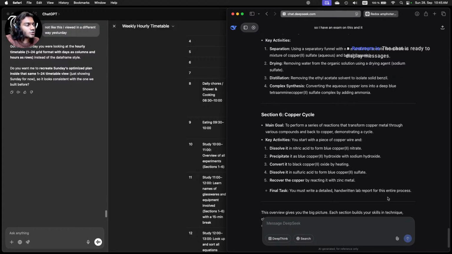Recover the copper metal by reacting copper(II) sulfate with zinc. Okay.